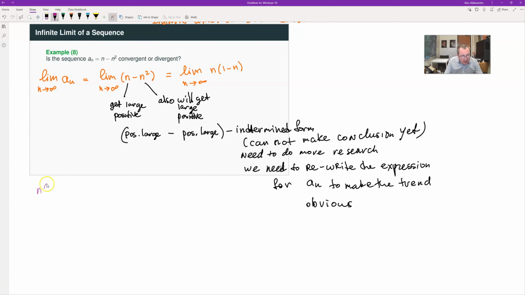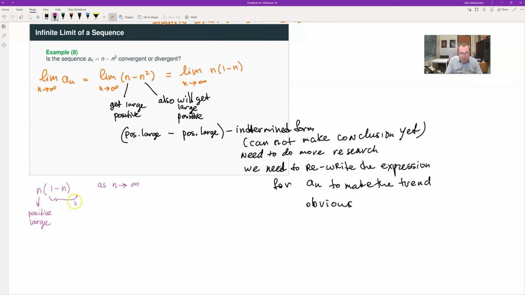Let us take a look at the expression n multiplied by quantity 1 minus n. And we are interested to see what trends do we have as n goes to infinity. N going to infinity means n is becoming very large. So here we go. N is becoming positive large.